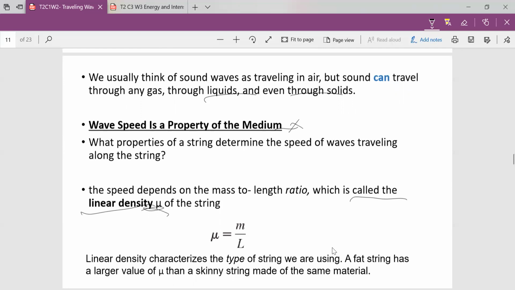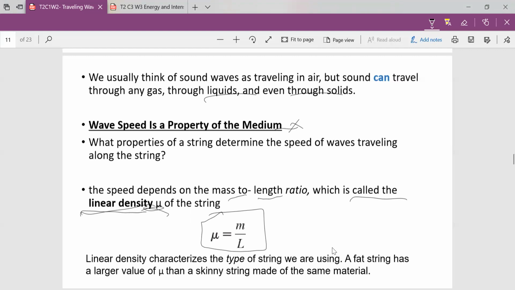So the speed depends on the mass to length ratio, and we call this dependence on mass and length ratio the linear density. So linear density is given by mu equal to m over L, m being the mass and L the length. So linear density characterizes the type of string we are using.